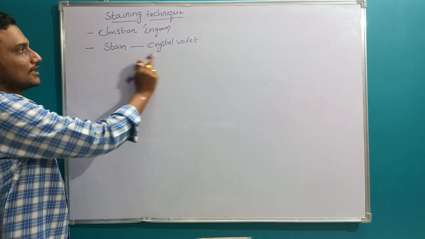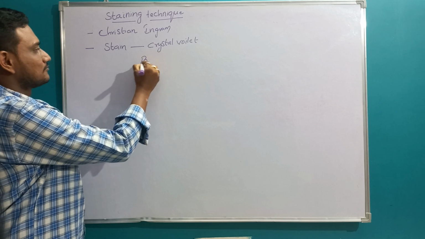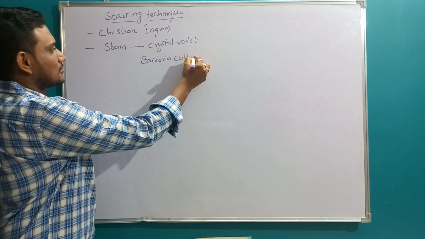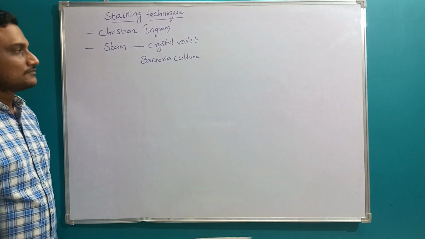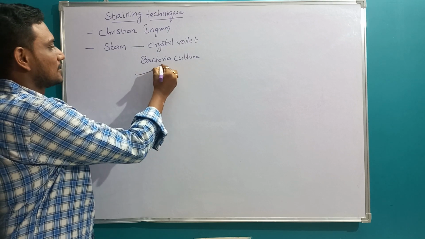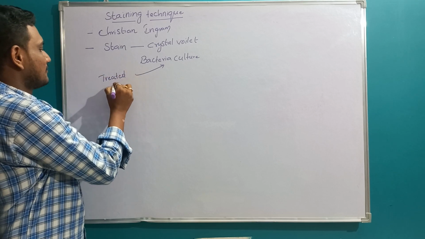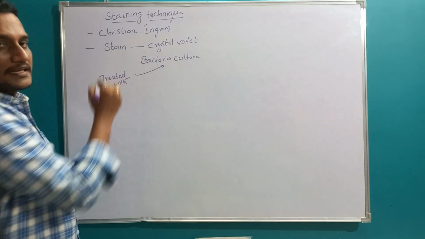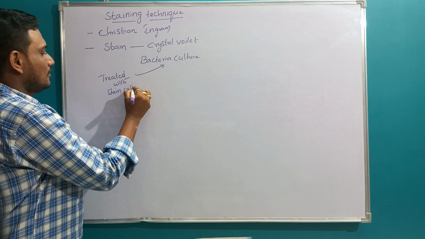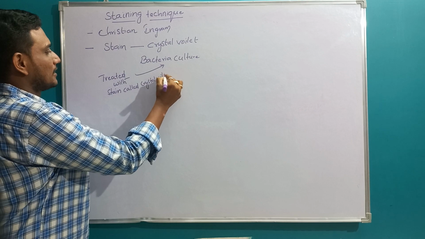So how did he do the staining technique? He took a bacteria culture and treated it with the stain called crystal violet.